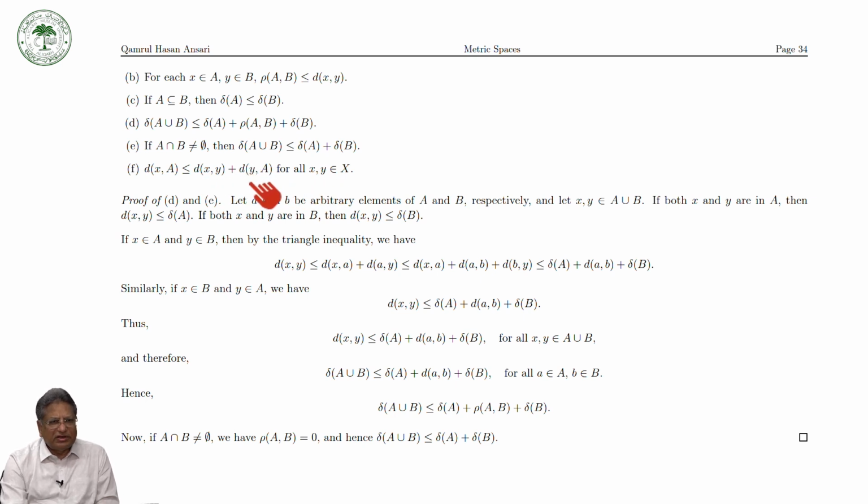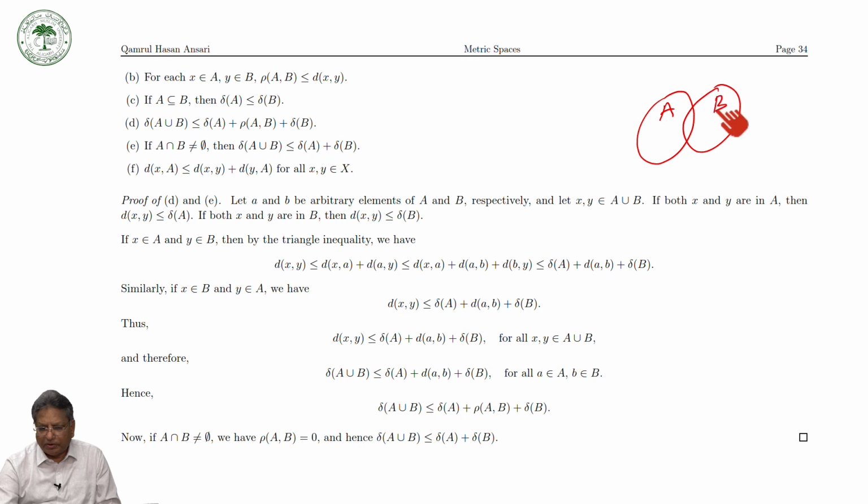I just take the D and E part. So let us take x in A and y in B, and let's take x, y in A union B, because we are considering the sets in the following way: you have a set A and you have a set B, and A intersection B is non-empty.